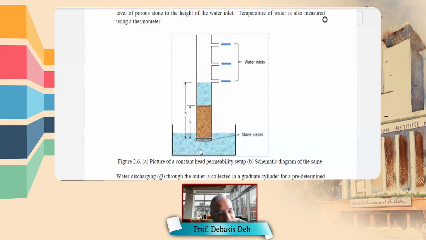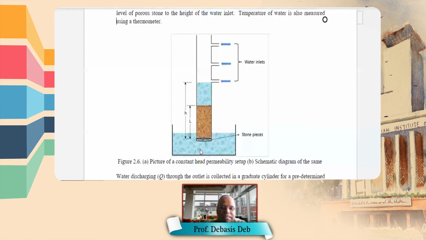The H remains the same. That's why it's called constant head experiment. Constant head. Okay, that H remains constant. Okay, you remember that. So now under this pressure head, we have a length L, which is the sample length.